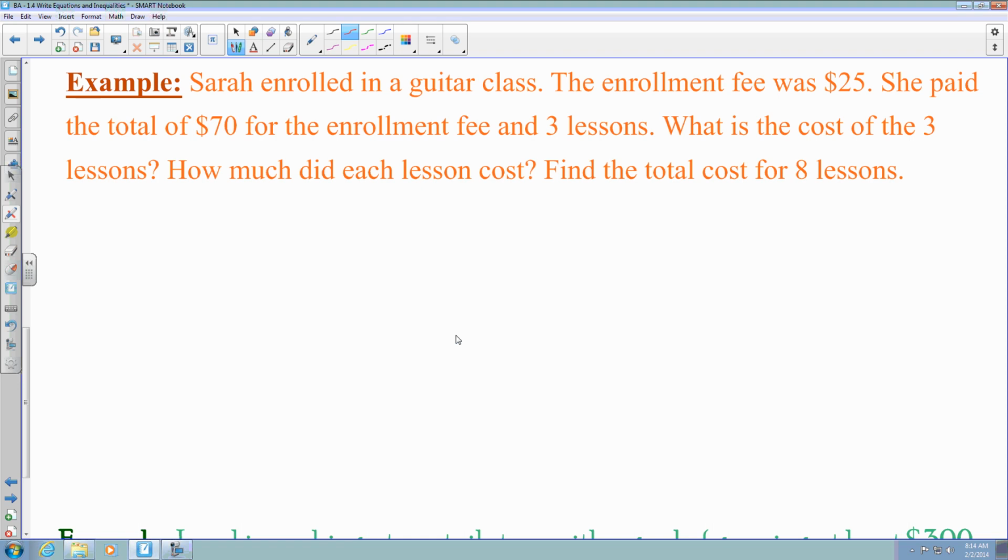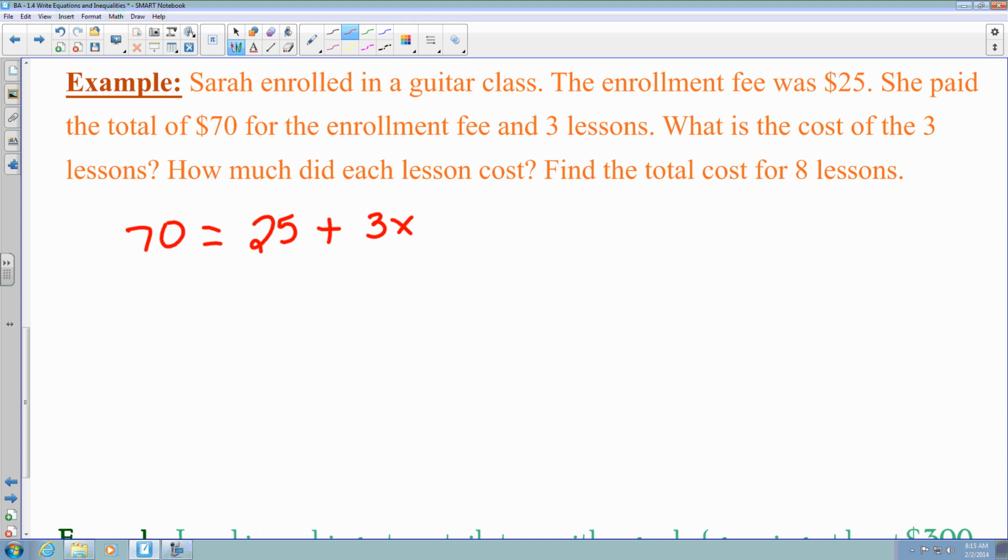On the left-hand side, let's just say I know that I'm going to pay $70 total, okay? On the right-hand side, I know that of that $70, it came from a $25 enrollment fee plus 3 sessions. I don't know how much those sessions cost, so it's going to be 3 times the variable x. Whatever variable you choose to use, I choose x.